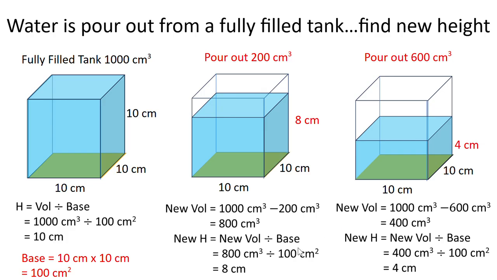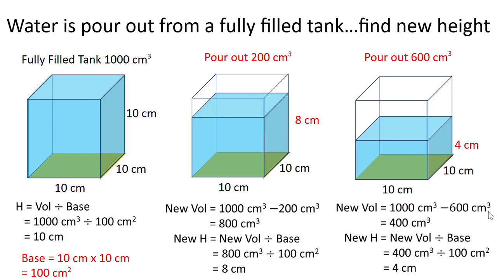Okay, so that explains why just now I went through the concept of volume is equal to base times height, because that will simplify a lot of things for your kids. So for the same question, assuming this time they increase the amount of water, they say that we pour out 600 centimeter cube. Same thing, you get 1000 when it's fully filled.